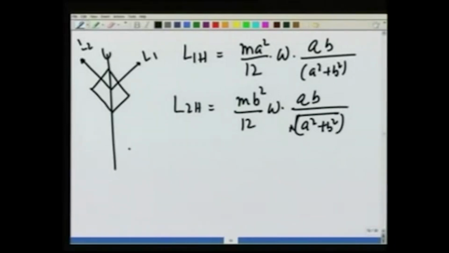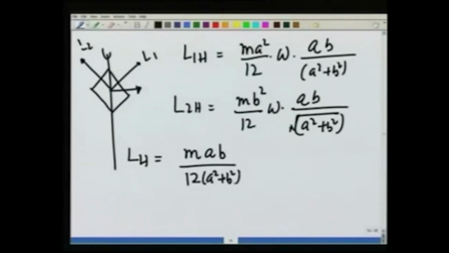And therefore L horizontal going to the right is equal to m a b over 12 a square plus b square times a square minus b square.